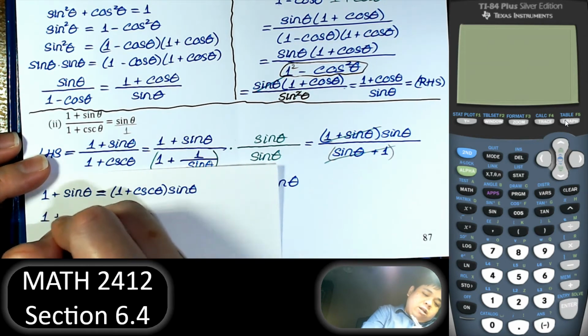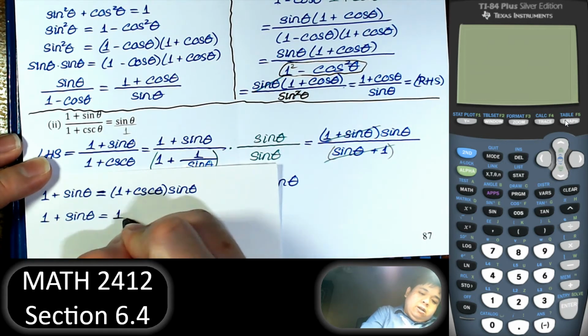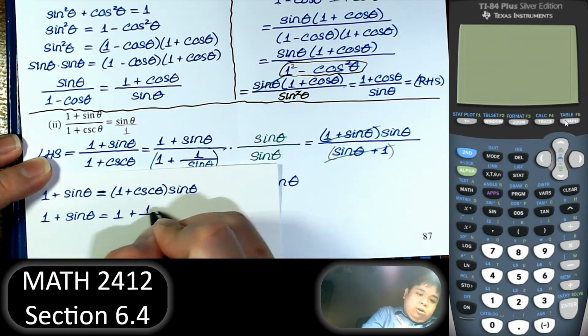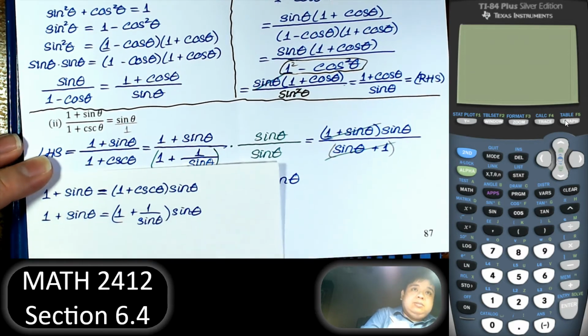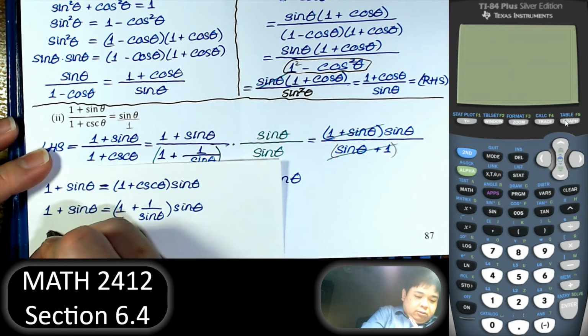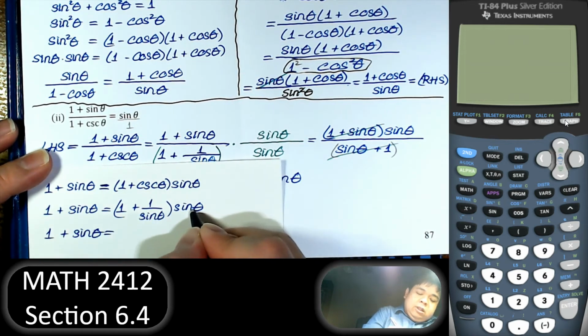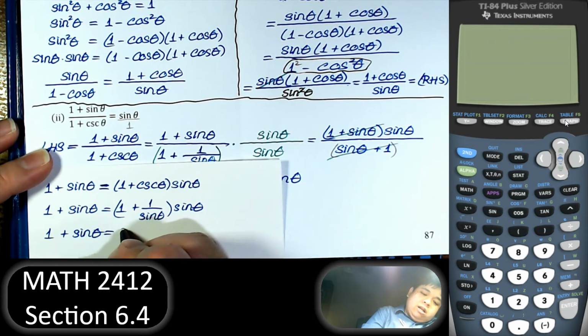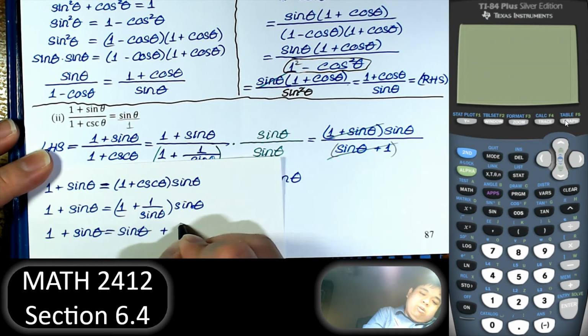Now 1 plus sine theta, cosecant is 1 over sine theta. Multiply it out, sine theta, and sine over sine is 1.